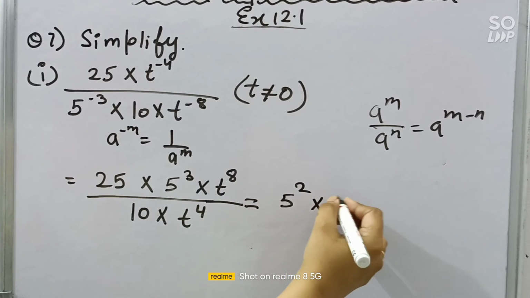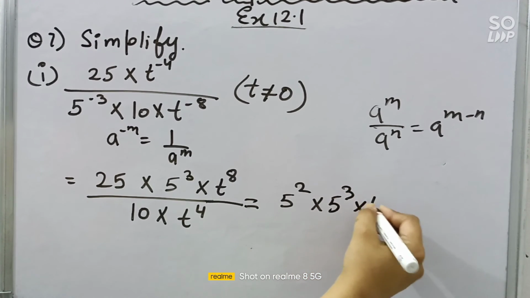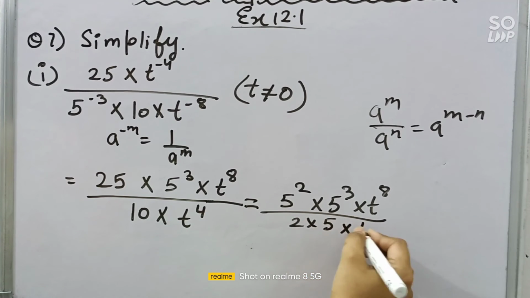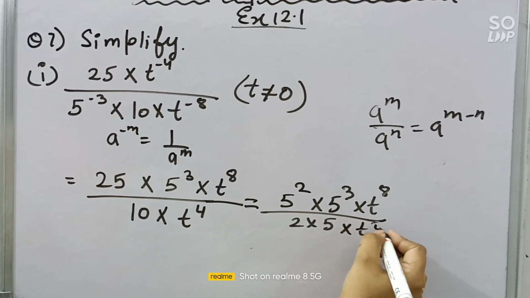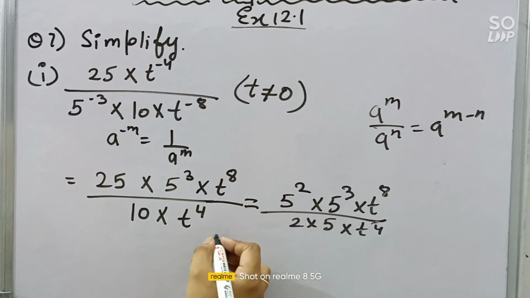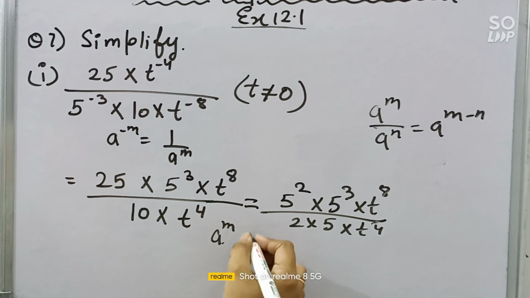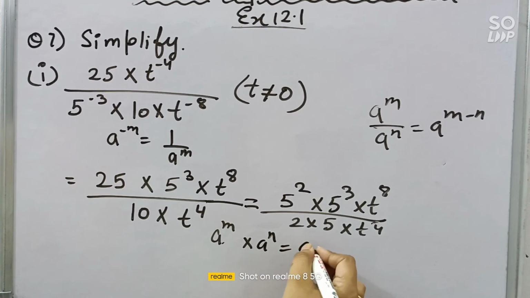This becomes 5 raised to the power 2 multiply 5 raised to the power 3. This is t raised to the power 8 upon 2 multiply 5 multiply t raised to the power 4. These are in multiplication, so we have law a raised to the power m multiply a raised to the power n equals to a raised to the power m plus n.